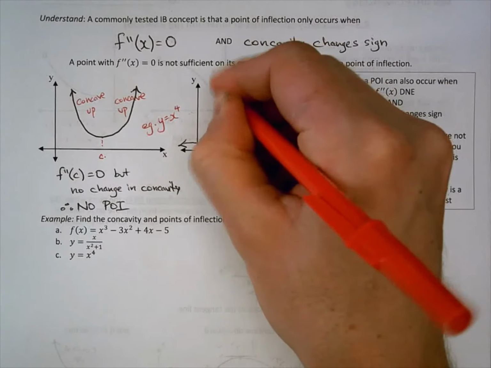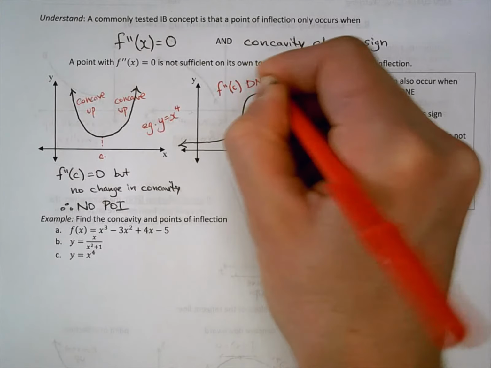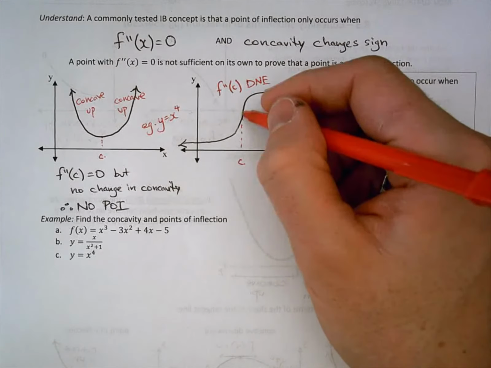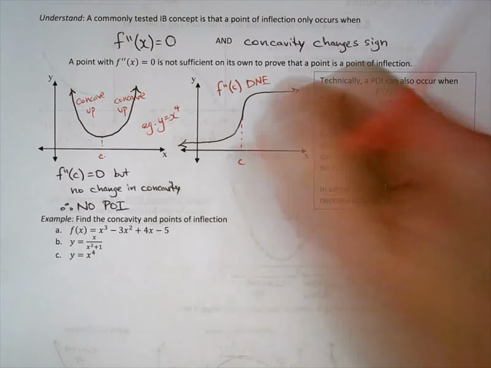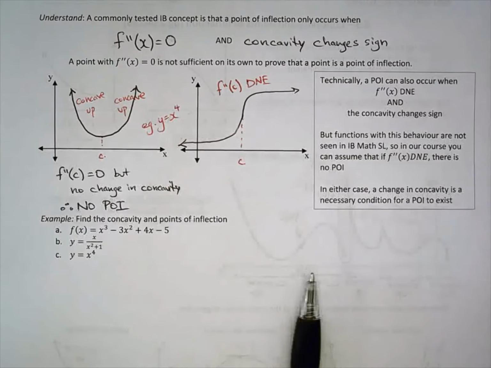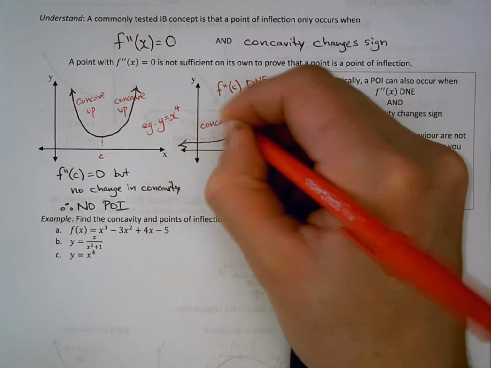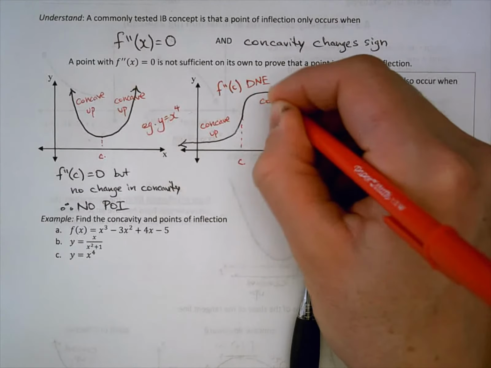So here I have f double prime at c does not exist. Because of the vertical tangent, the second derivative doesn't exist here. But you do go from concave up to concave down.